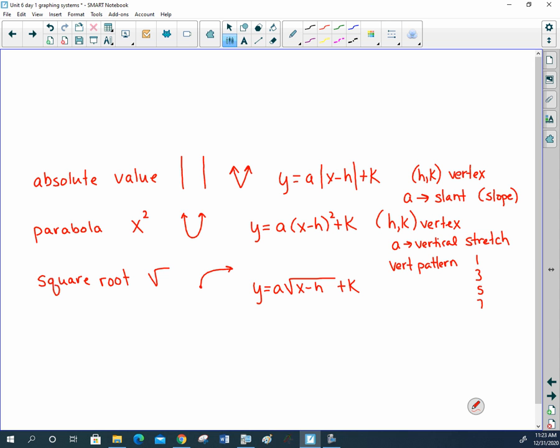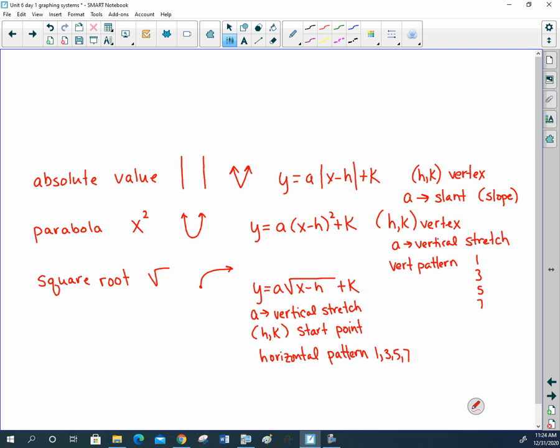So a is your vertical stretch. HK was the starting point. And then this one had not a vertical pattern of 1, 3, 5, 7 like the parabola, but it had a horizontal pattern of 1, 3, 5, 7. So that one goes horizontal 1, 3, 5, 7.